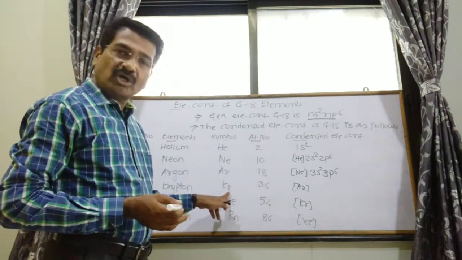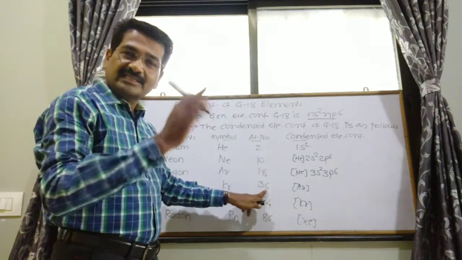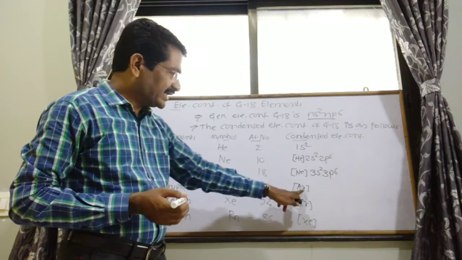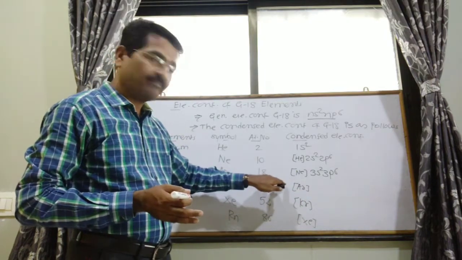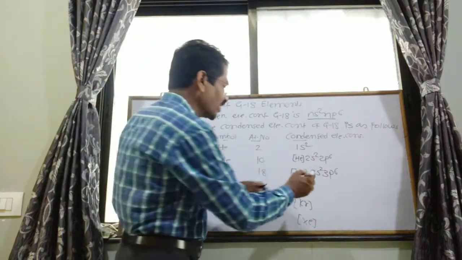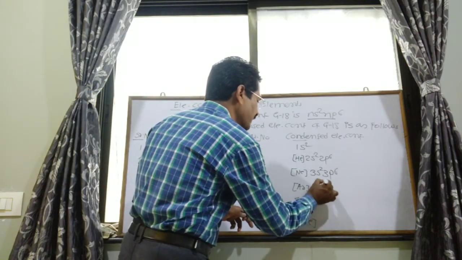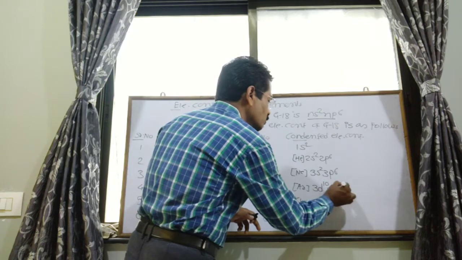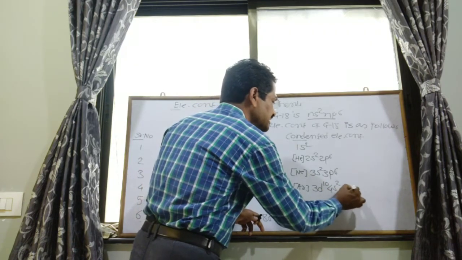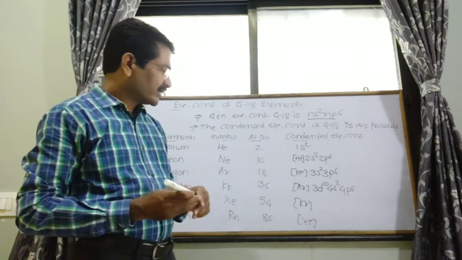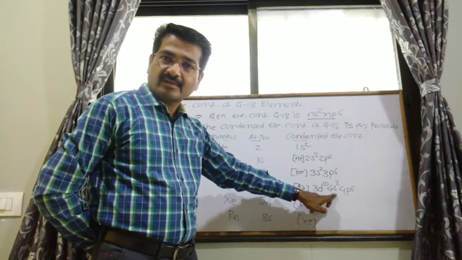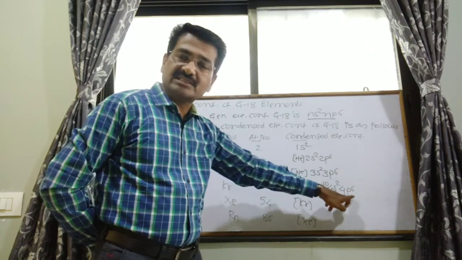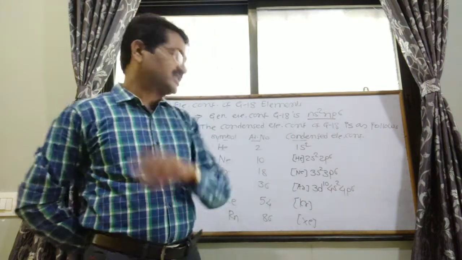Then for krypton, containing 36 electrons, out of that 18 go to argon, argon having atomic number 18, and the remaining electrons go to 3d10 4s2 4p6. See again, these 18 electrons plus 2 is 20, plus 10 is 30, plus 6 is 36.